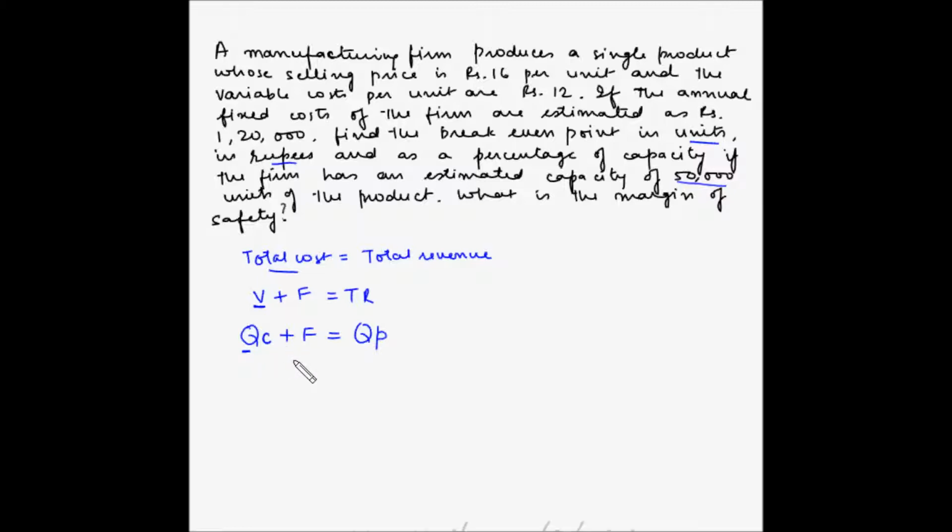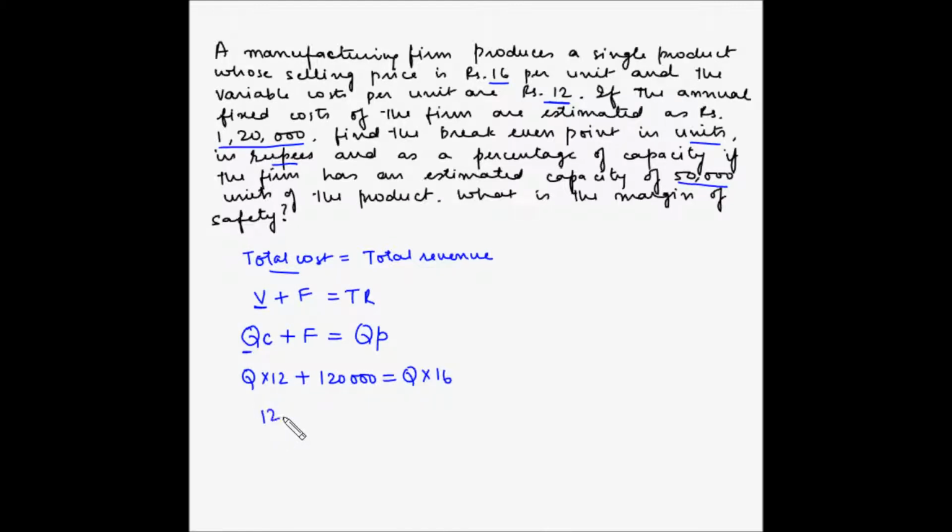So let's plug in the numbers that we have been given in this example. Q is the variable, c is known, the unit cost is rupees 12, so multiplied by 12, plus F is given as 120,000, and this is equal to Q times p, the selling price, which is rupees 16.